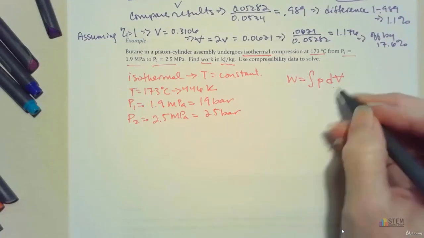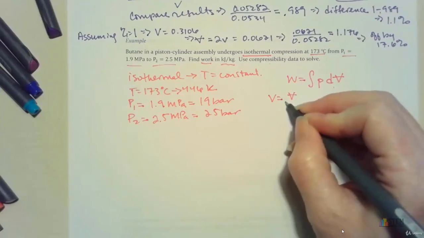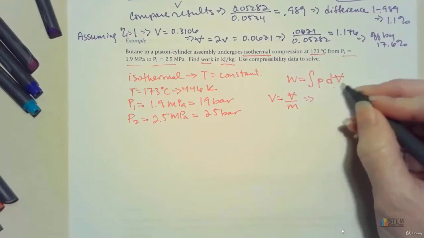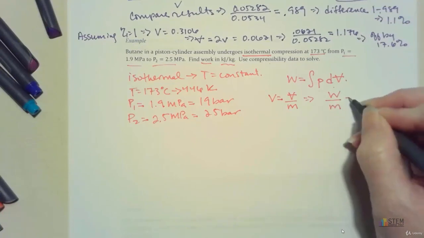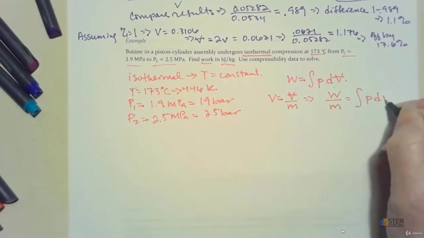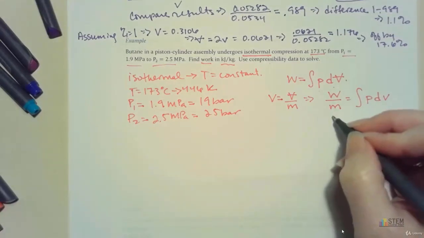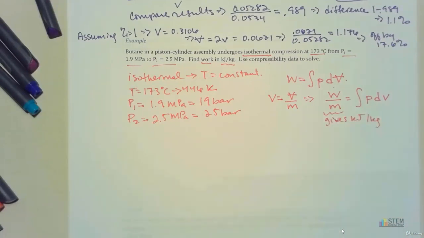Instead of using regular volume, let's use the fact that specific volume is volume per mass. And then we can rewrite this expression as W over m equals the integral of pressure times the change in specific volume. This gives kilojoules per kilogram. Now, that's the one we'll use. So hang on to that. We'll get back to that equation in just a second.